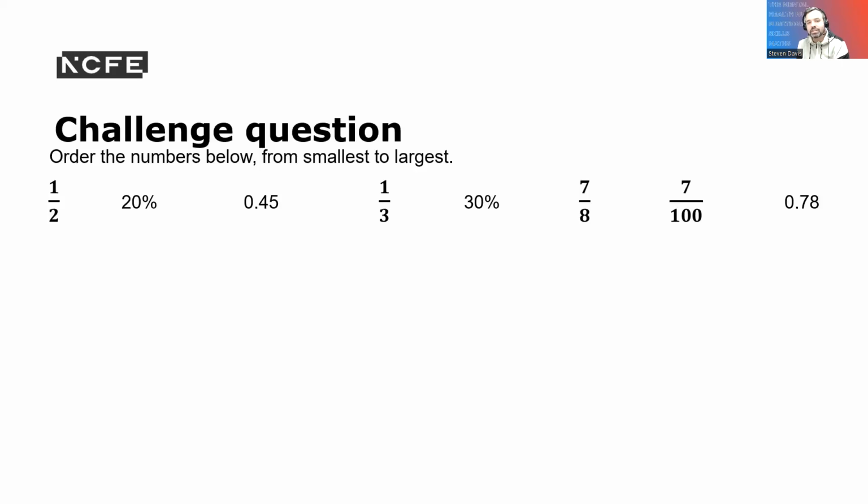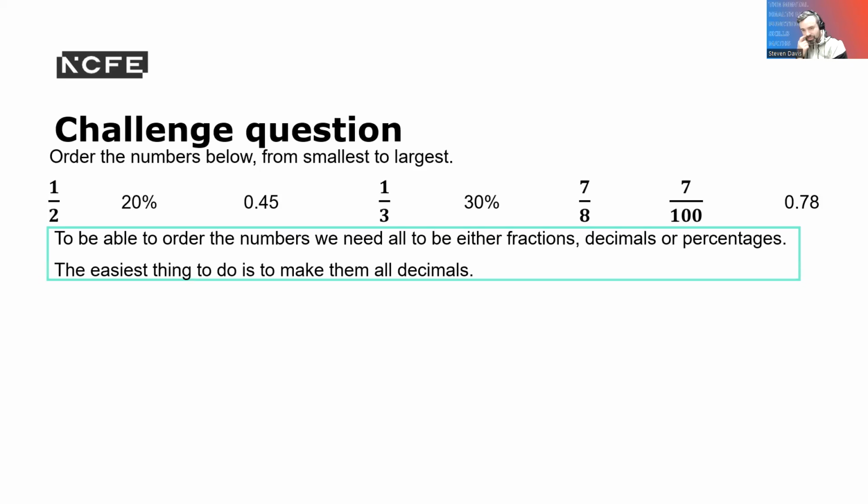So let's look at the challenge questions. Order the numbers below from the smallest to the largest. So to be able to order the numbers, we need to be able to either put them into fractions, decimals, or percentages. The easiest thing to do would be to make them all decimals. Okay, so let's have a look.